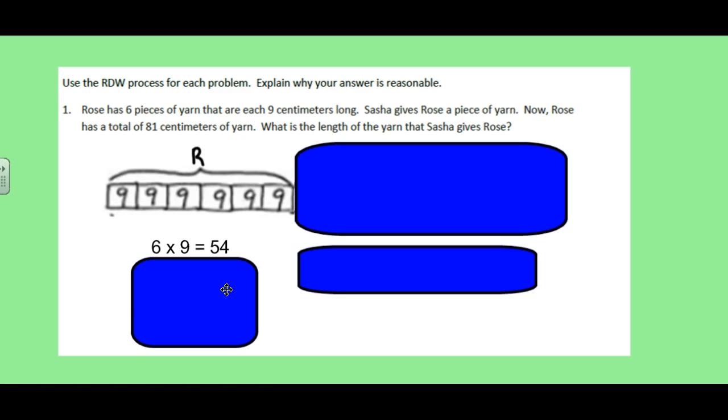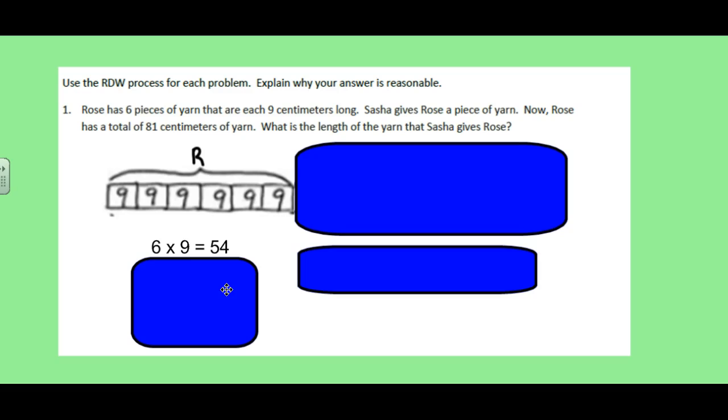Sasha gives her a piece of yarn, and now she has 81 centimeters of yarn. So if Rose has 54, Sasha gives her a piece, and now she has 81 centimeters of yarn total. What can I do with the numbers 81 and 54 to help find the answer to how long Sasha's piece of yarn is? Push pause.